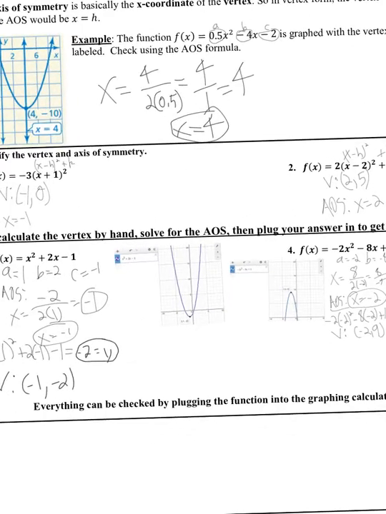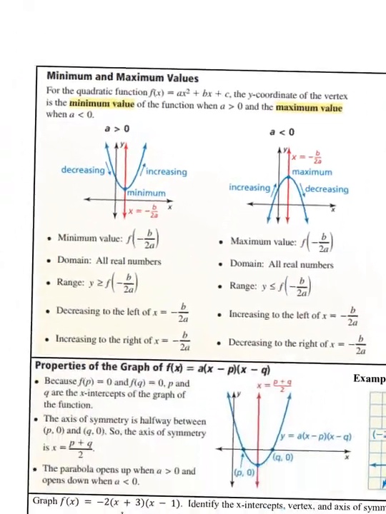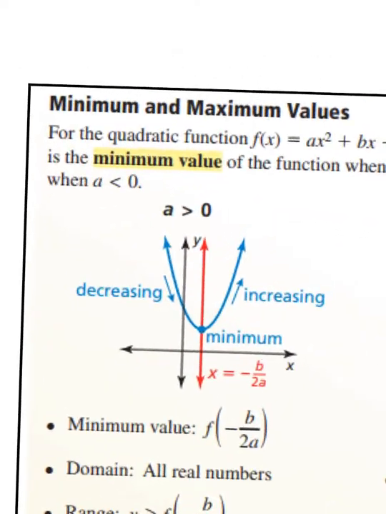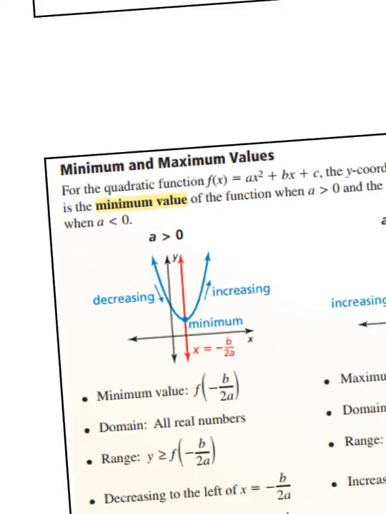Okay, let's move on to the next page. Let's talk about minimum and maximum values. This is a screen grab from your textbook, your online textbook, or your actual textbook, doesn't matter. This is just a long way of saying if the graph opens up, meaning a is greater than 0, like not negative, it's positive, so the graph is going to open up, then you have a minimum value because the vertex is the lowest point of your graph.